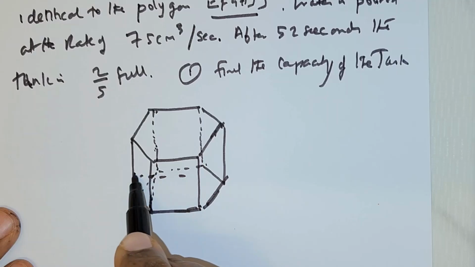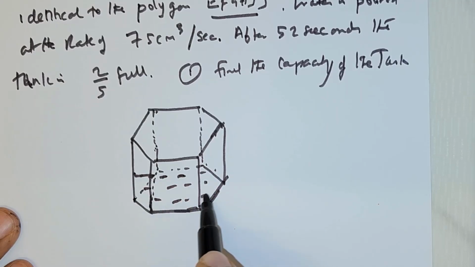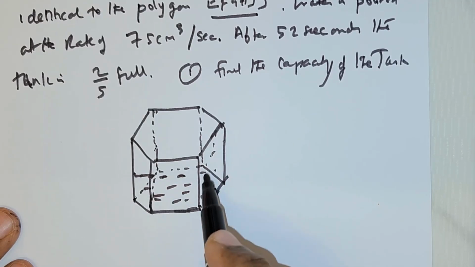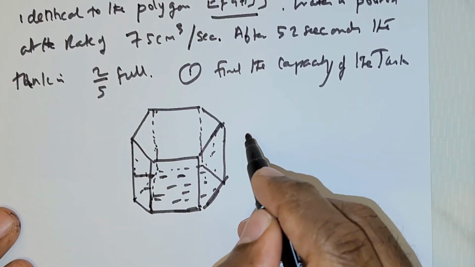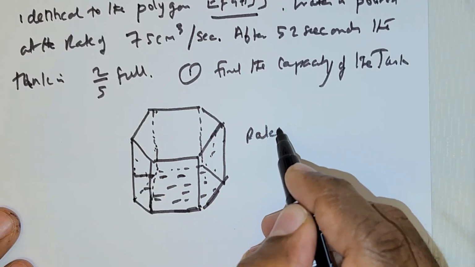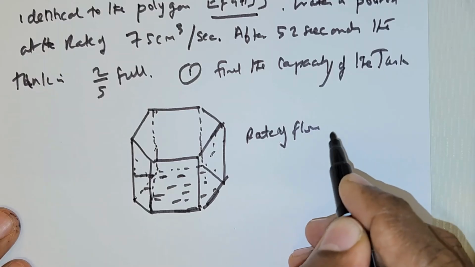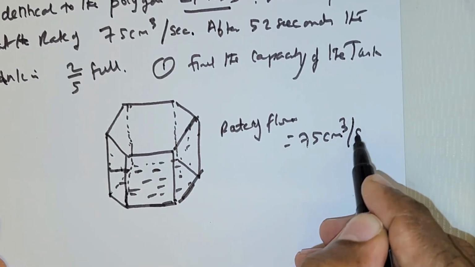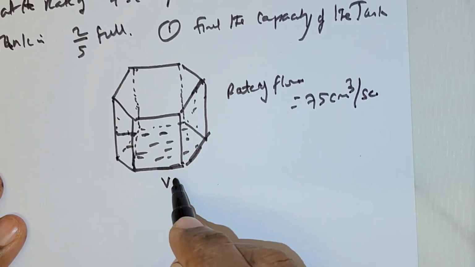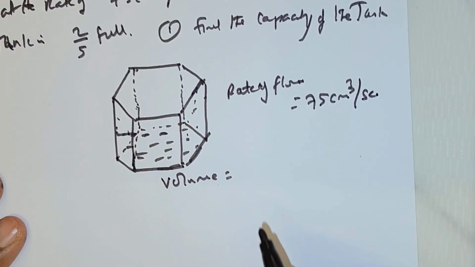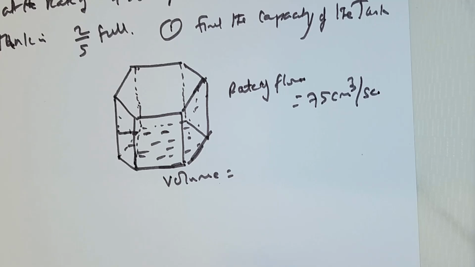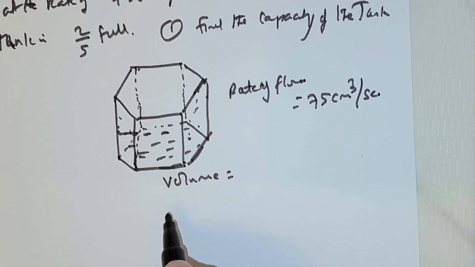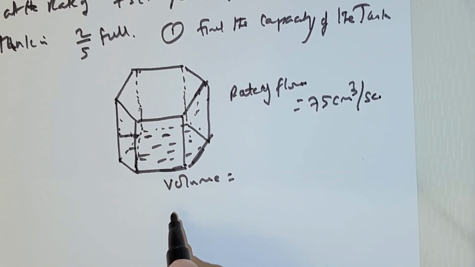So you have water. The rate of flow is 75 cm cubed per second. So we have to get the volume of the content. That is critical.